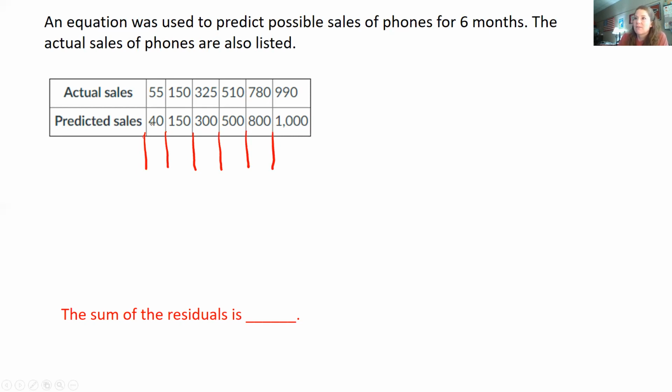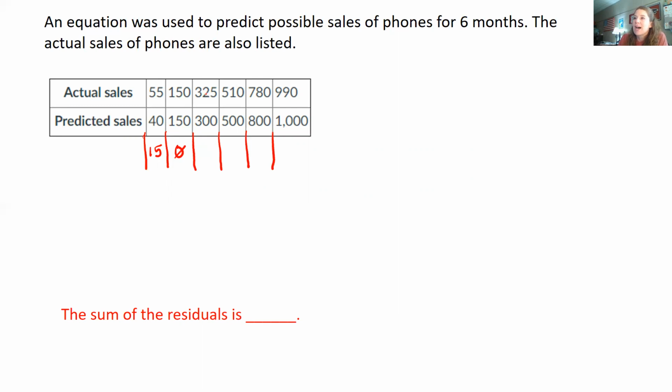So if we predicted 40, but the actual sales was 55, then the difference between 55 and 40 is 15, right? So our actual sales were 50 and our predicted sales were 50. So what was the difference? That one was spot on.